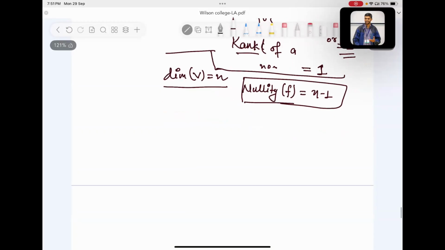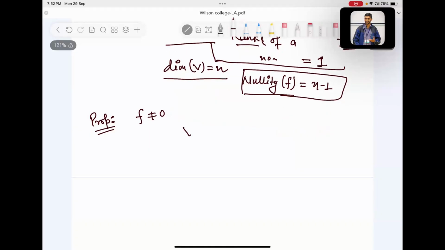Even I can tell you one more property. Suppose f is a non-zero linear functional, then you can always write your vector space V as the null space of f direct sum span of x. We don't need finite dimensionality here; the dimension of V can be anything.